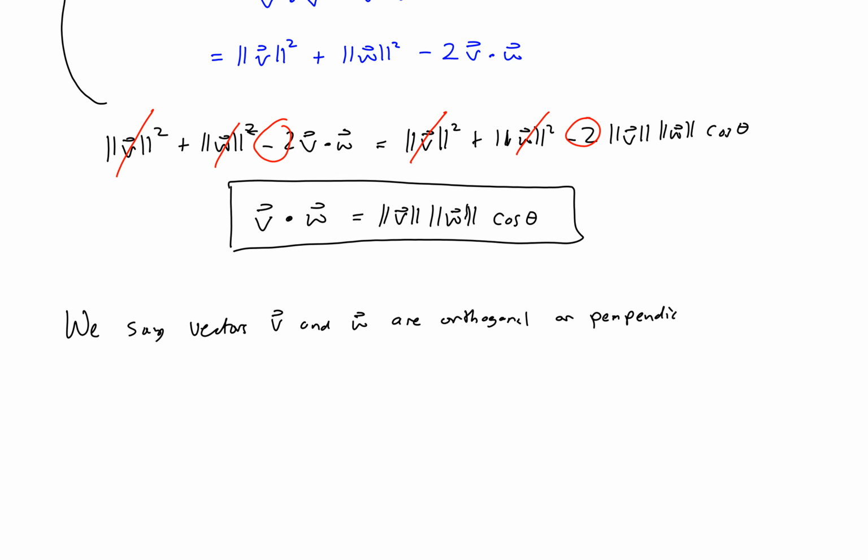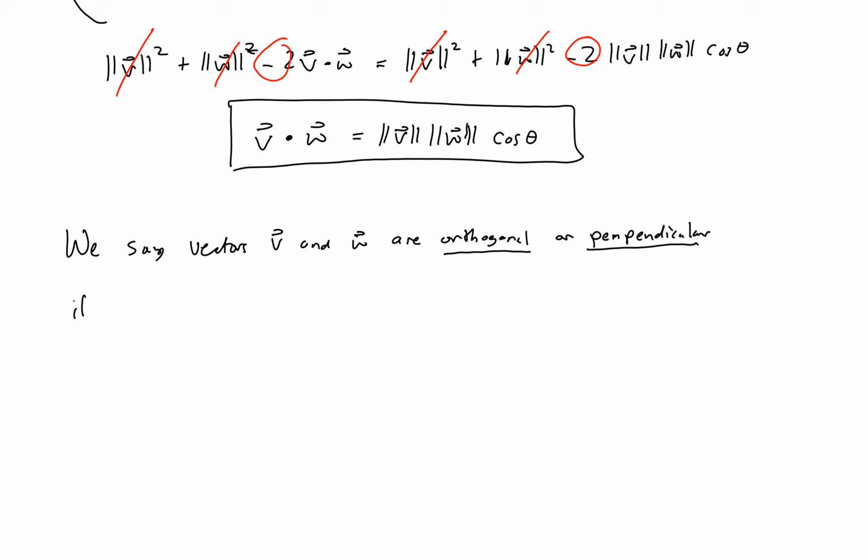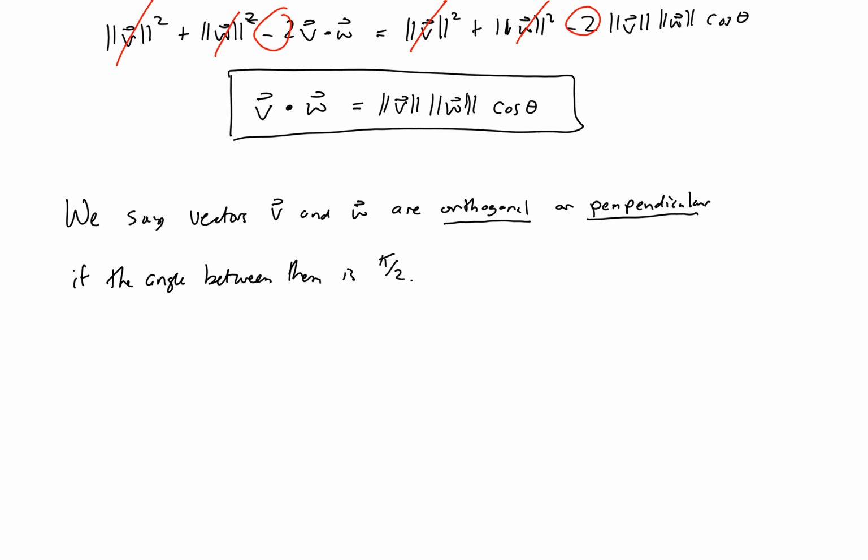Either language is fine, so you need to be comfortable when someone uses either orthogonal or perpendicular, if the angle between them is pi over 2. Right, so this is exactly what you would expect to think of for two vectors being orthogonal. If I have v here, and I have w here, well, we'd want this to be a 90-degree angle for them to be perpendicular. And orthogonal is just a new word we're introducing for perpendicular.